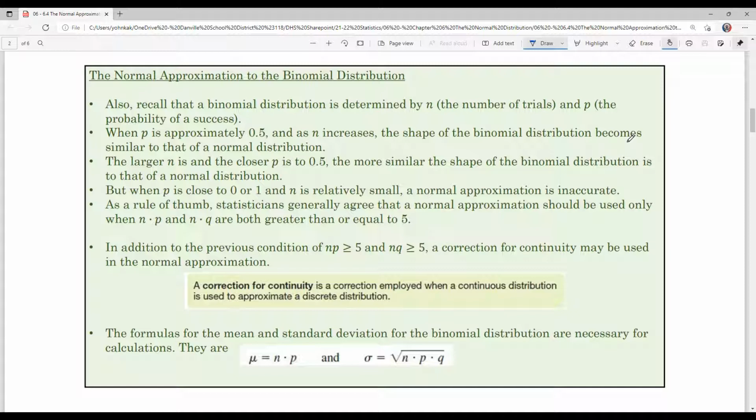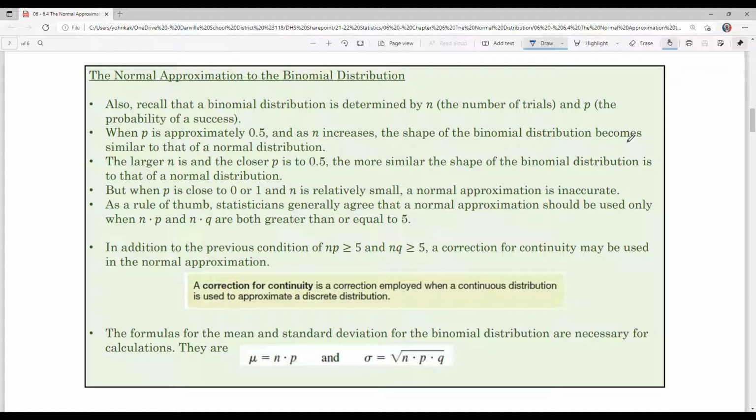But when p is close to 0 or 1 and n is relatively small, a normal approximation is inaccurate. So, as a rule of thumb, statisticians generally agree that a normal approximation should be used only when n times p and n times q are both greater than or equal to 5.